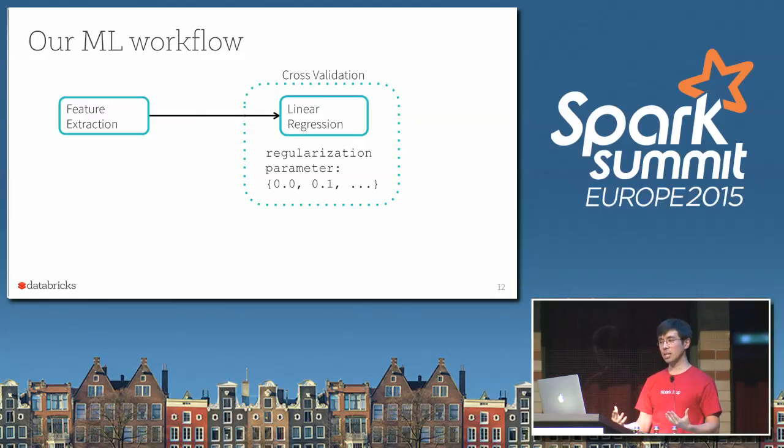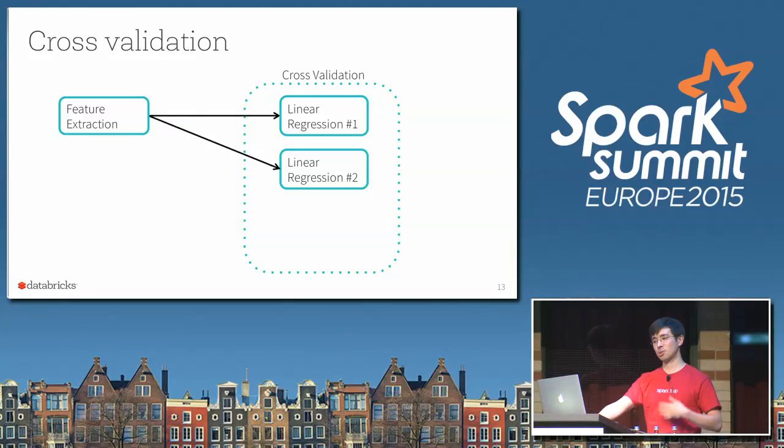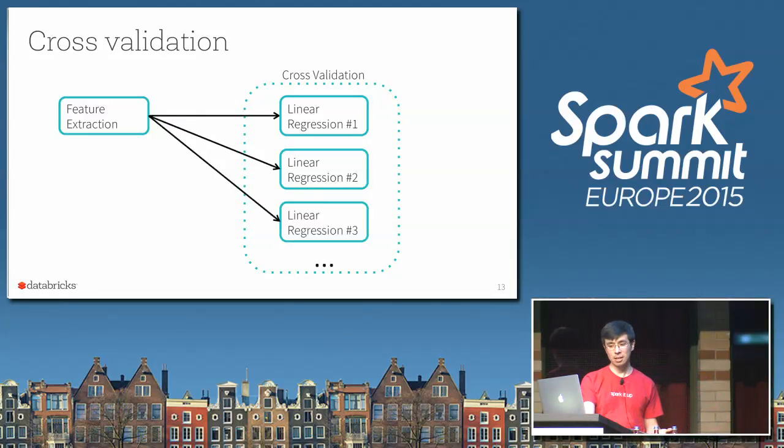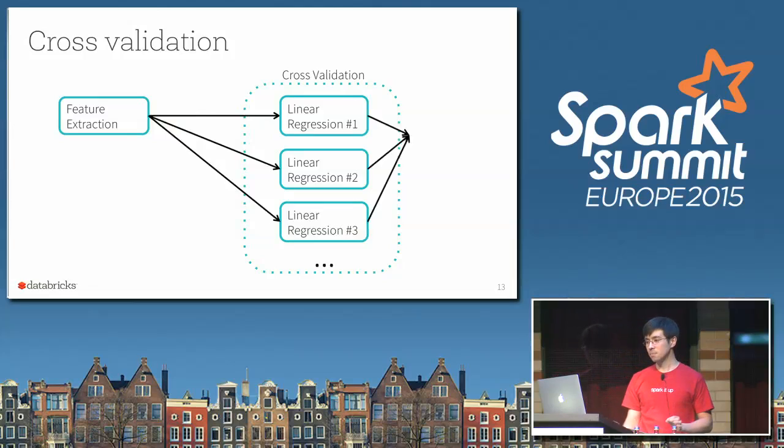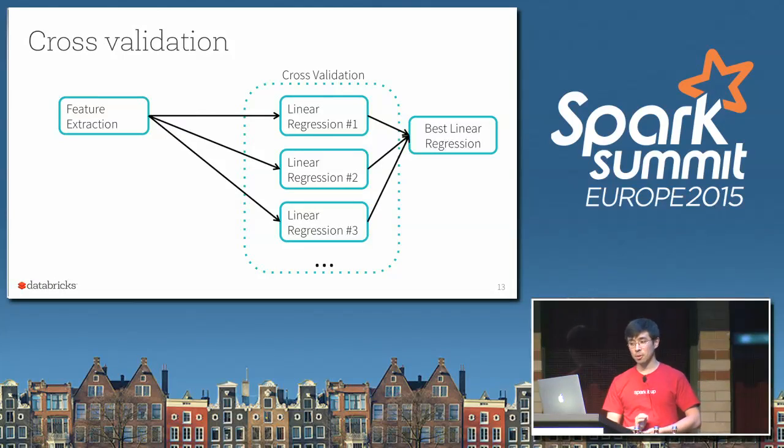So that you essentially end up training one model, training another, and so on. And then at the end, what you're going to do is be able to pick sort of the best linear regression model, which will correspond to the best regularization parameter. So this is kind of the setup we're going to begin with. First just in scikit-learn, and eventually just in MLlib.